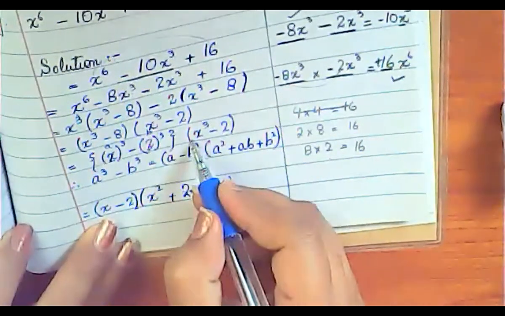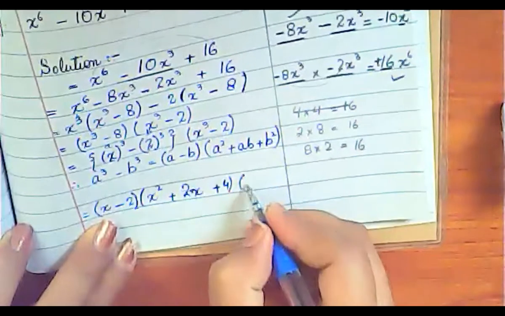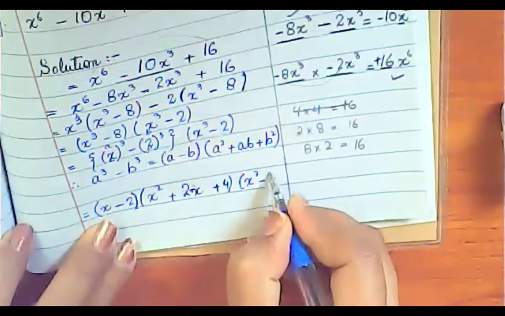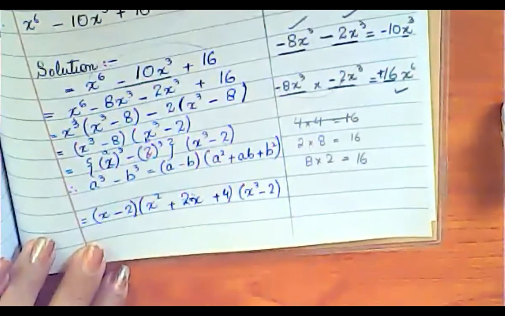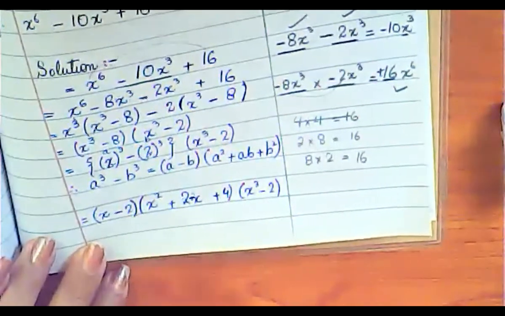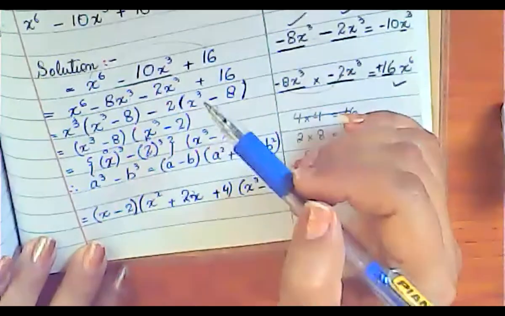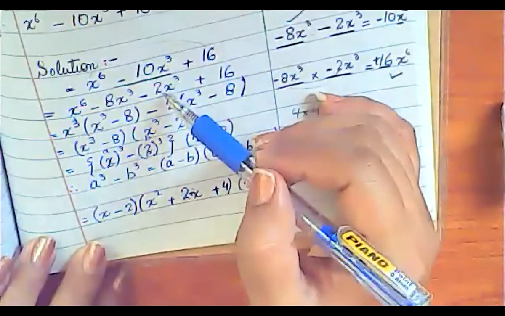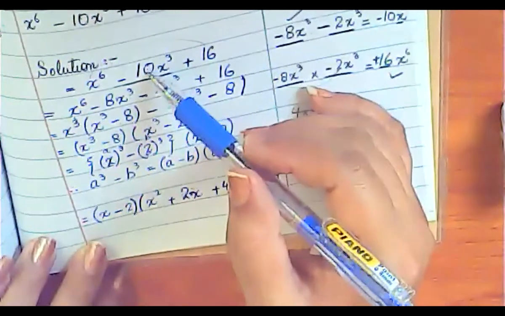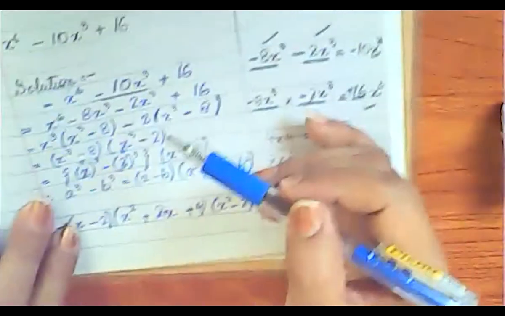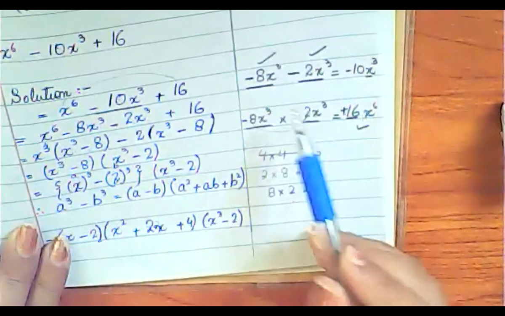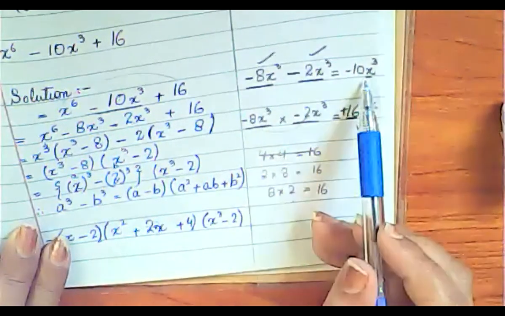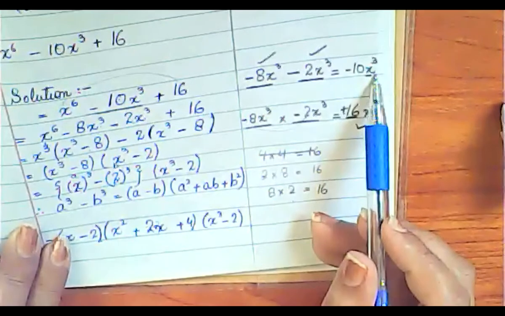Then the last term, which is x cube minus 2. What you will do here, first you will break the middle term in such a way that when you multiply it you get 16x^6, and when you subtract or add it you get minus 10x cube.